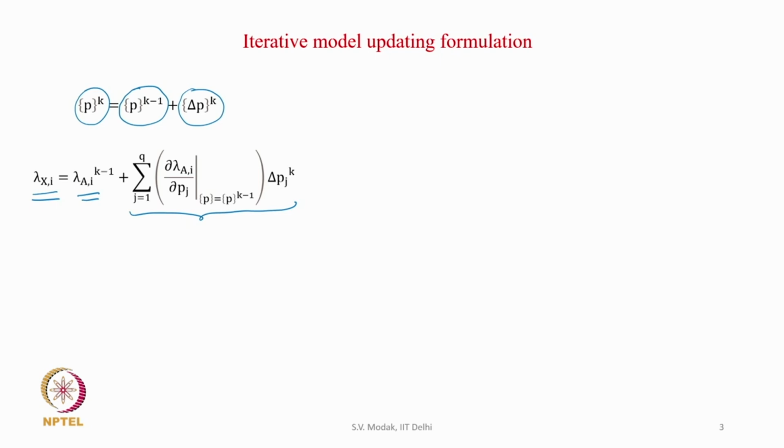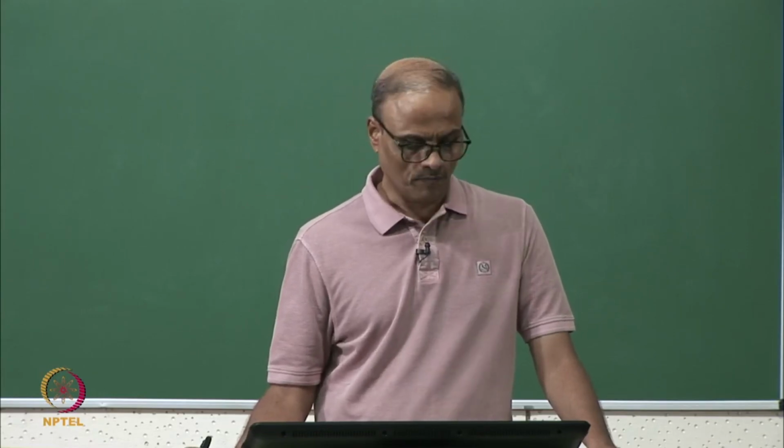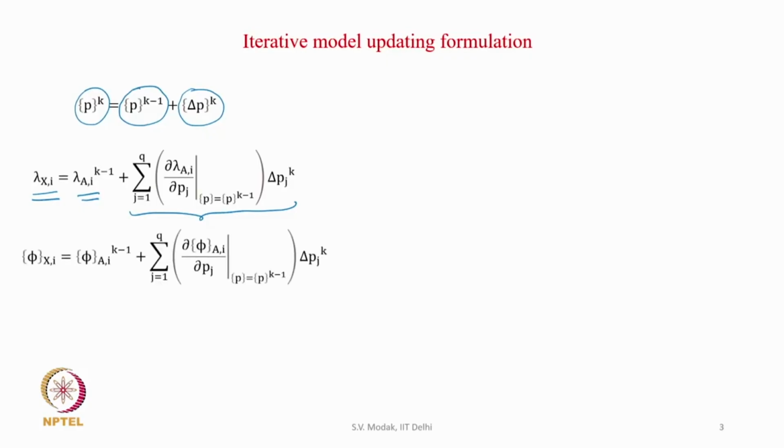Because there are q number of updating parameters, the eigenvalue will change because of change in each of these updating parameters. This is the first order linear approximation of the relationship between the eigenvalue and the updating parameters. A similar relationship can now be written for the eigenvectors, and that is this.